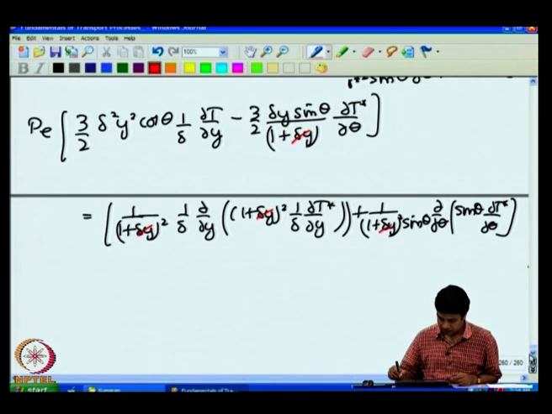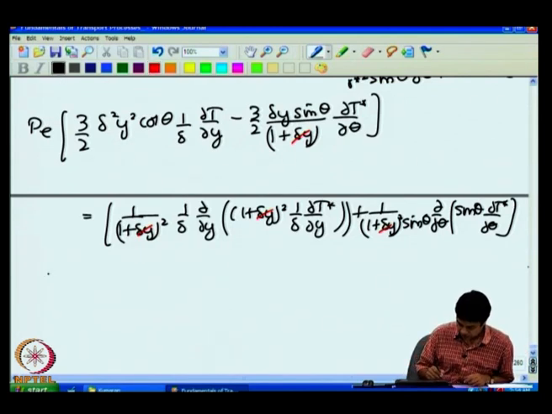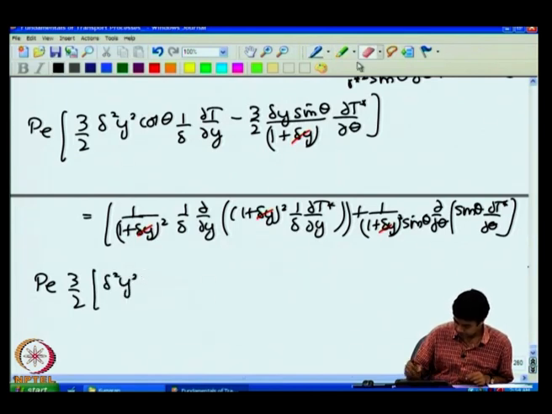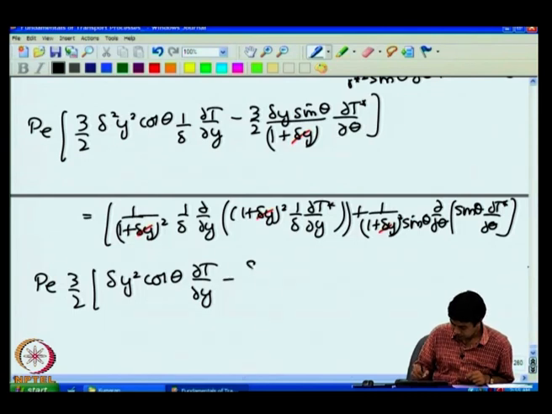And once I do that, I get Pe into 3 by 2 delta y square cos theta partial T by partial y minus delta y sin theta partial T by partial theta.